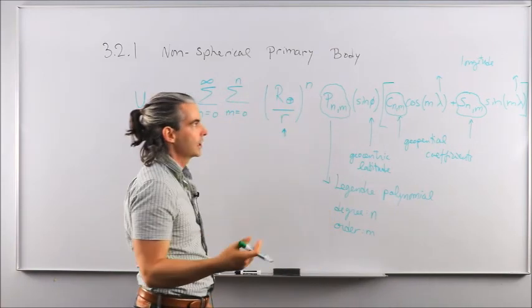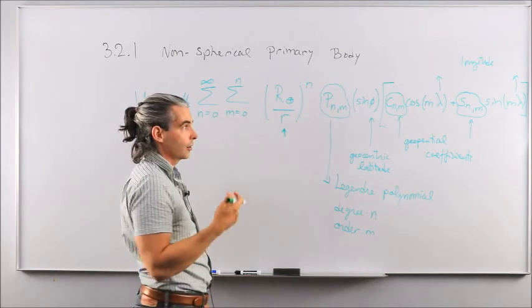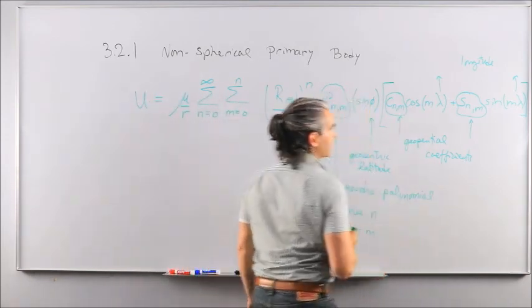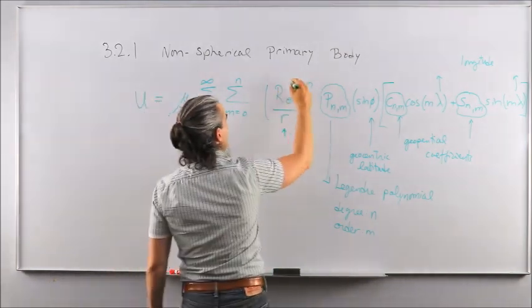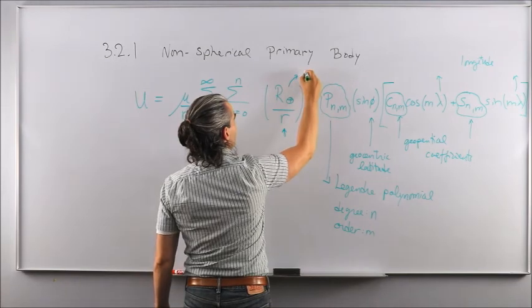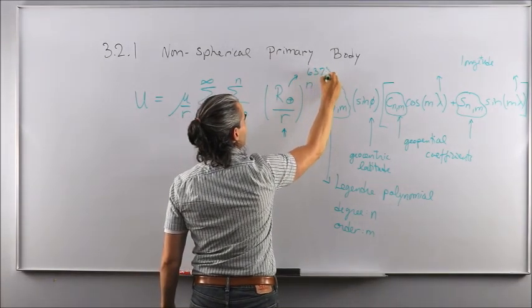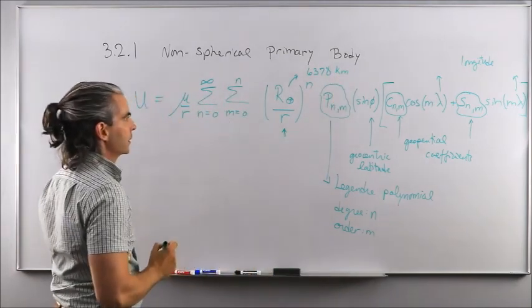So over the years, as more and more scientific satellites are being designed for this very particular purpose, those coefficients are going to become more accurate, okay? So for the mean equatorial radius of the Earth, in this course we're going to assume that this is 6,378 kilometers simply, okay?